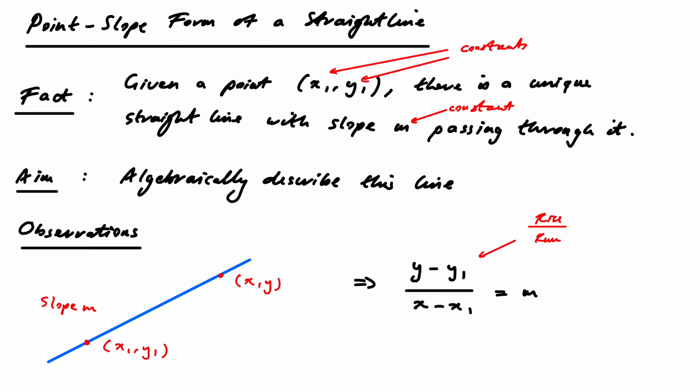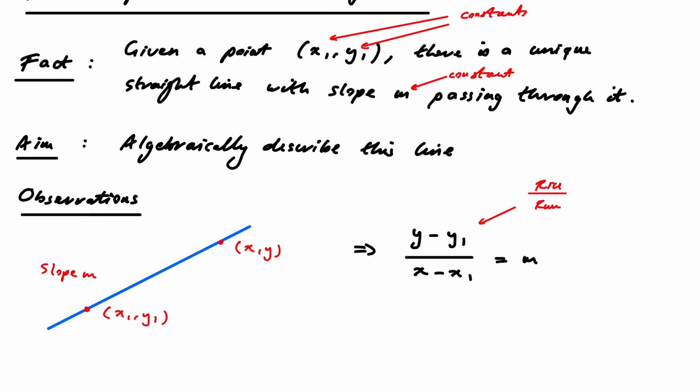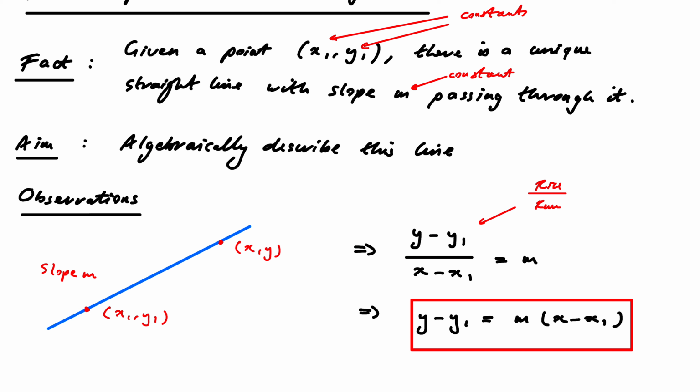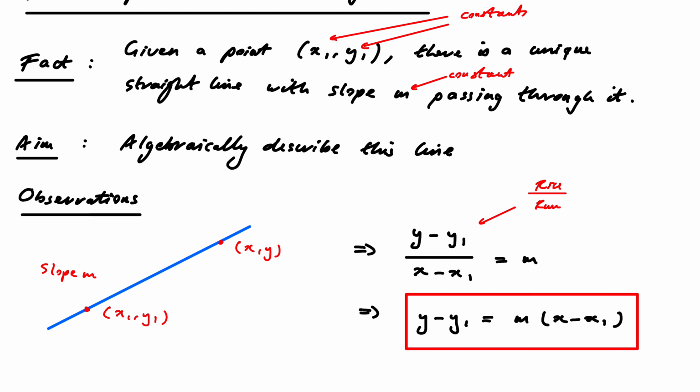But now I can undo this. I can cross multiply by x minus x1, and this would give me the equation y minus y1 is equal to m times x minus x1. So this is a perfectly reasonable equation which describes the straight line.